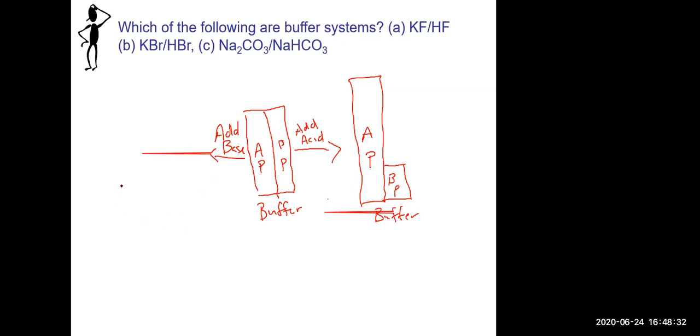And when it does so, the acid part is going to get smaller and the base part is going to get larger. So we'll do this for the base part, and we'll borrow that extra line there for the acid part. So the acid part of the buffer will get smaller and the base part will get larger.